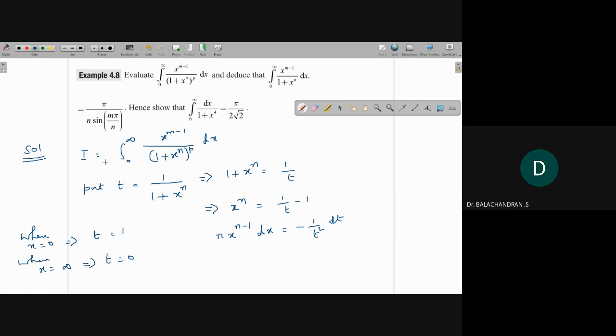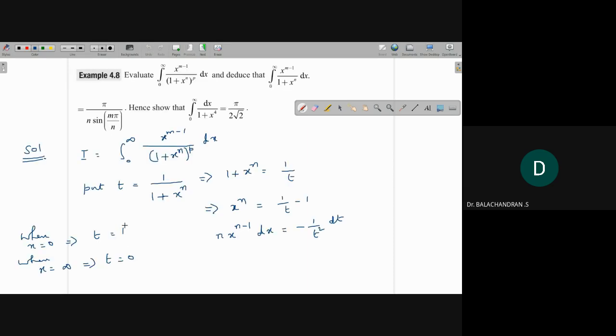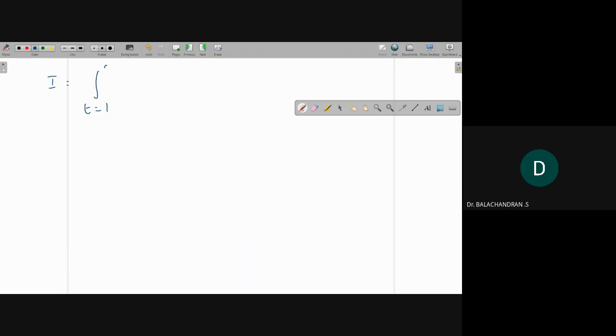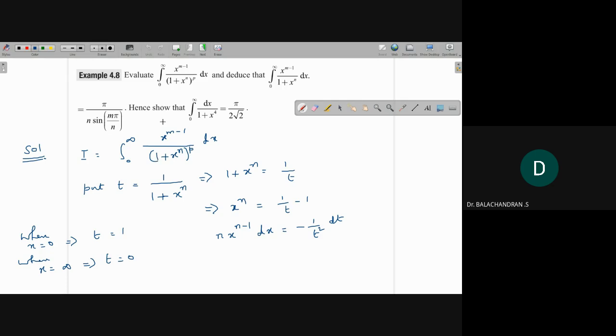So our integral I is from t equal to 1 to 0. What is the integrand? Actually x power n is 1 minus t by t, so x is equal to (1 minus t by t) whole power 1 by n.